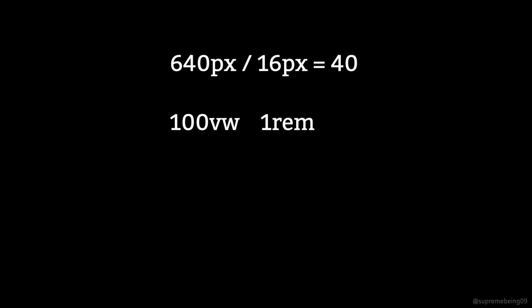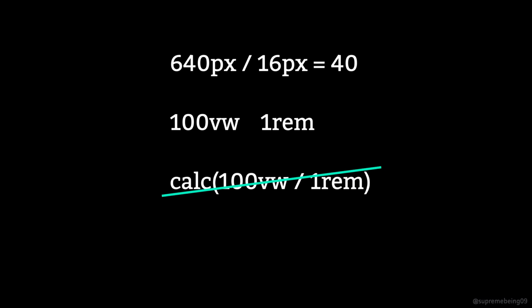But when I use this in a CSS calc function, something like this, it doesn't work. It throws an error because you cannot divide two different units. I needed to have the computed pixel value of both of these, and this is sadly not possible with CSS.